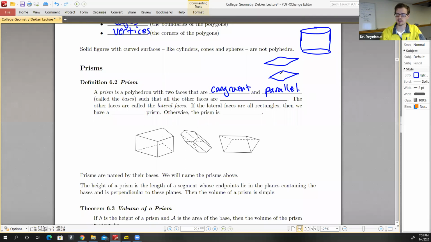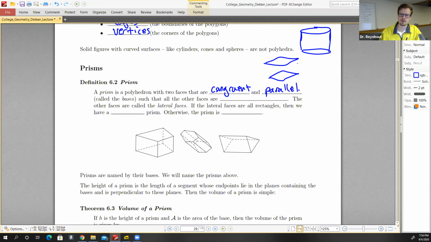Okay, so we're kind of looking at it at an angle here. The plane that this square lies in and the plane that this other square lies in, if those planes don't intersect anywhere at all, then those planes are called parallel, and these two squares that lie in two planes would be considered parallel.